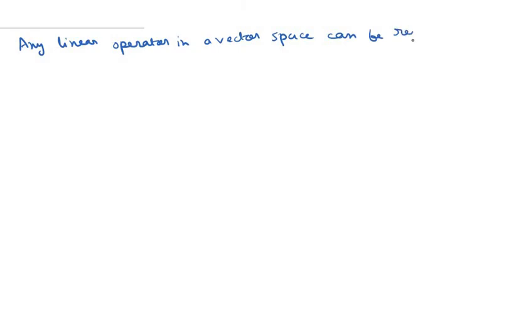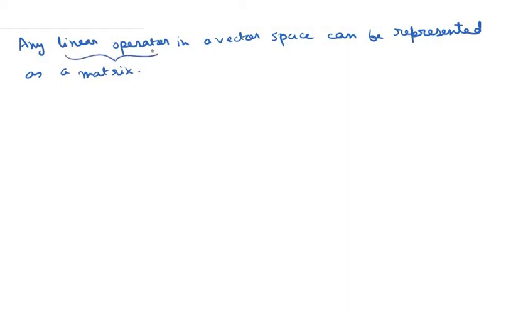We already know that any linear operator in a vector space can be represented as a matrix.